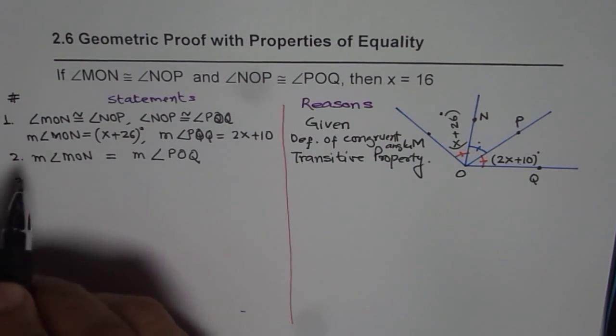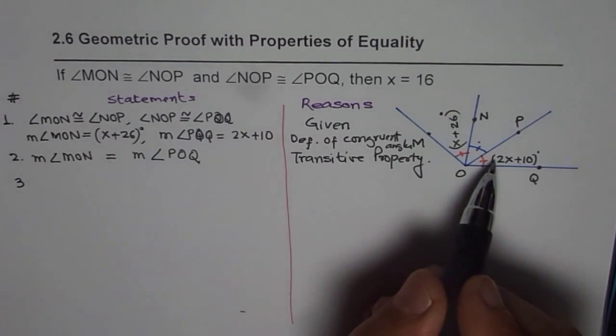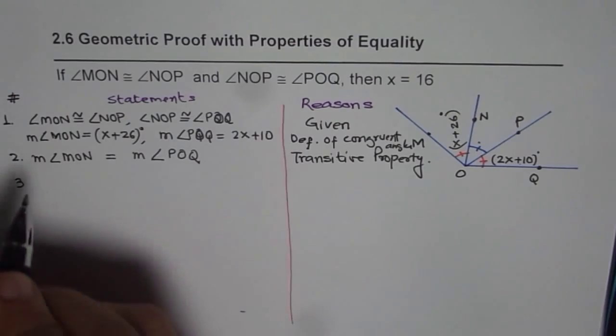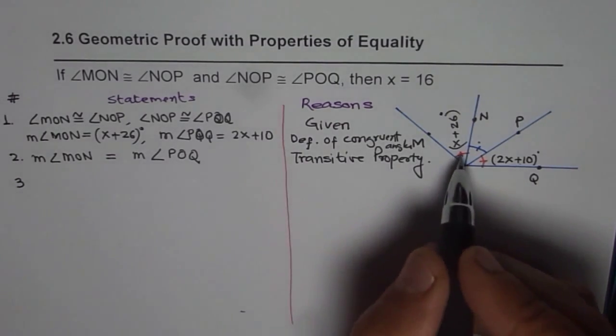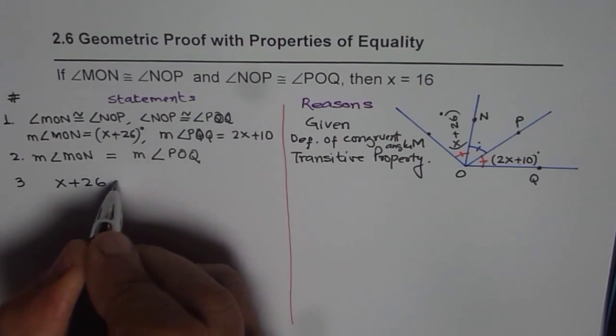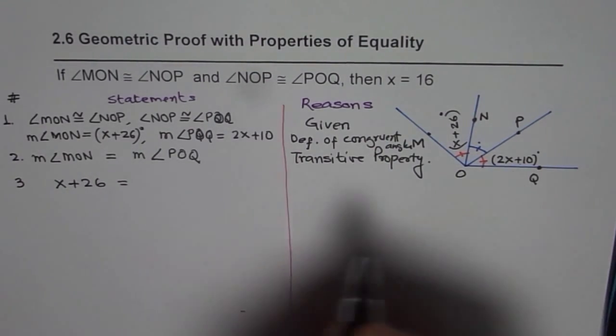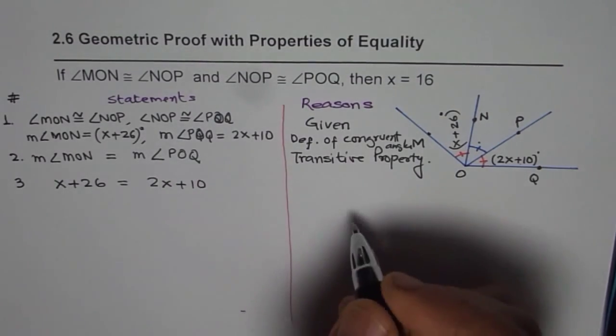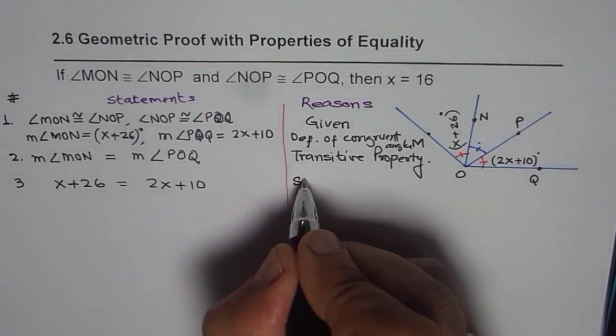Now, what is the measurement of these angles? That is what we can write, or rather substitute, right? So we'll substitute the measurement of angle MON with what is given to us, which is x plus 26 degrees, and the measurement of the other angle is 2x plus 10 degrees, correct? All are in degrees. So the property applied is substitution.